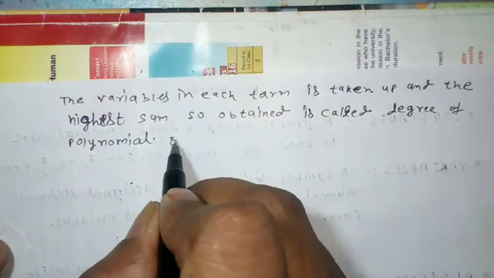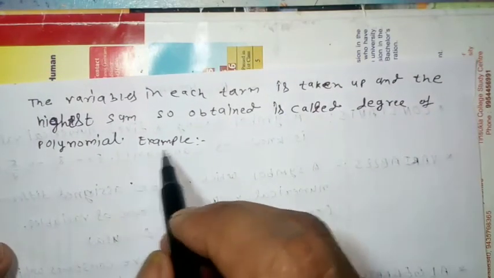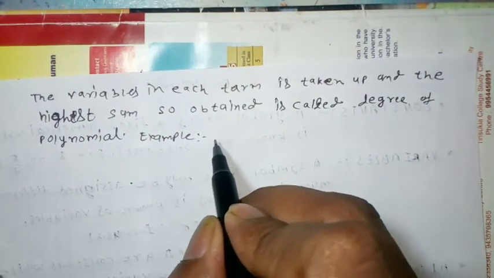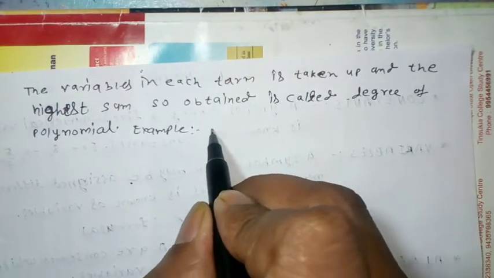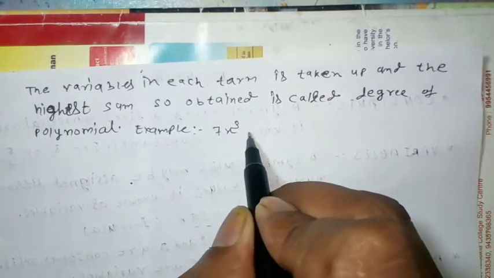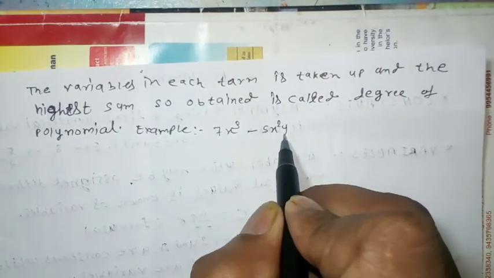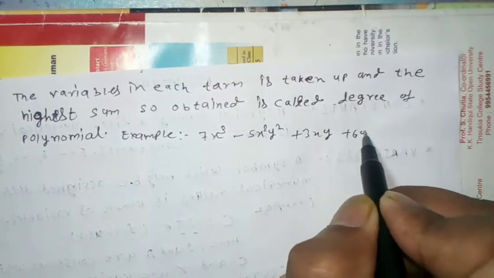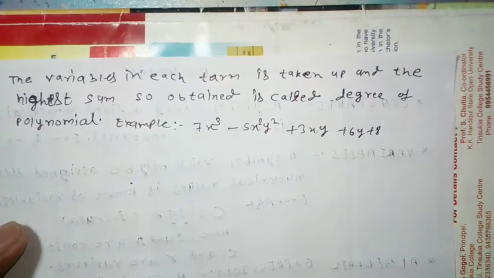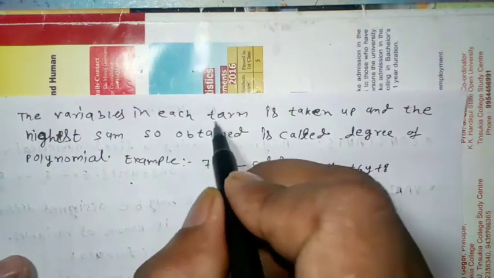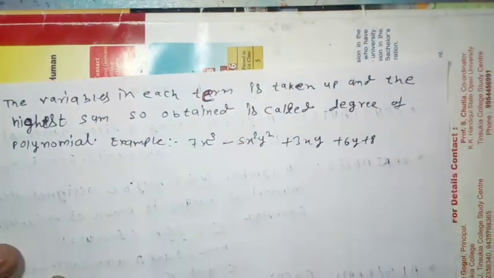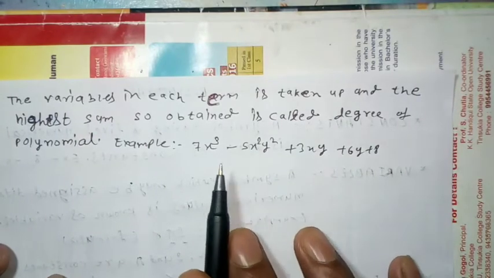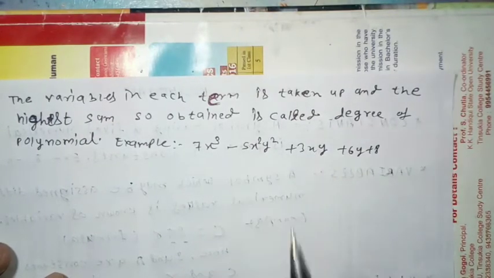For example, suppose that the polynomial is 7x cube minus 5x square y square plus 3xy plus 6y plus 8. Okay, first we have to take the highest value.